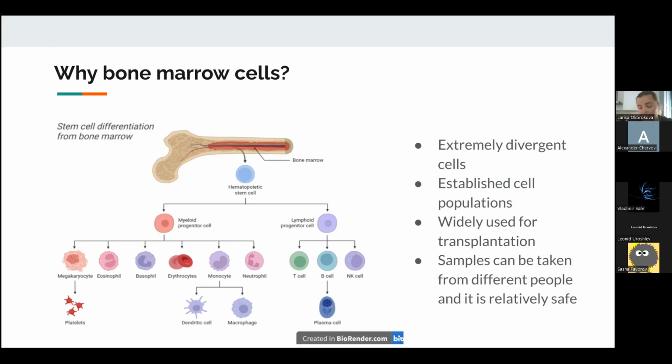The next thing is very close to the medicine field: these cells are widely used for transplantation. This is almost the only example of an organ which can be taken from a person, and it costs them almost nothing.